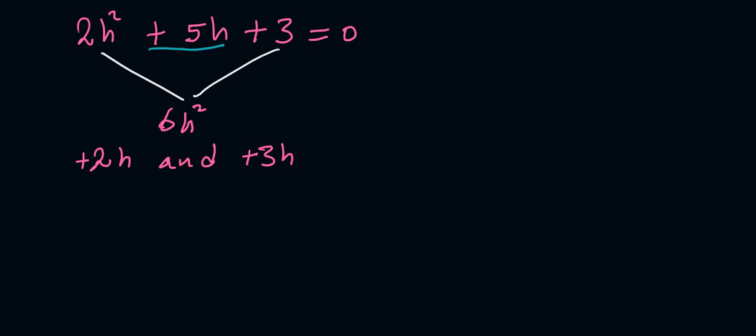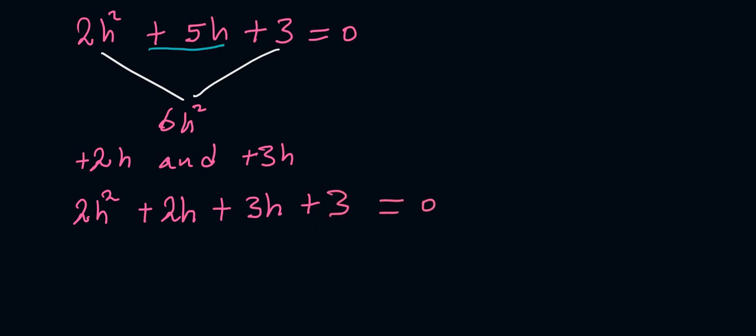So once that happens, the equation automatically becomes 2h squared plus 2h plus 3h plus 3 equals 0.